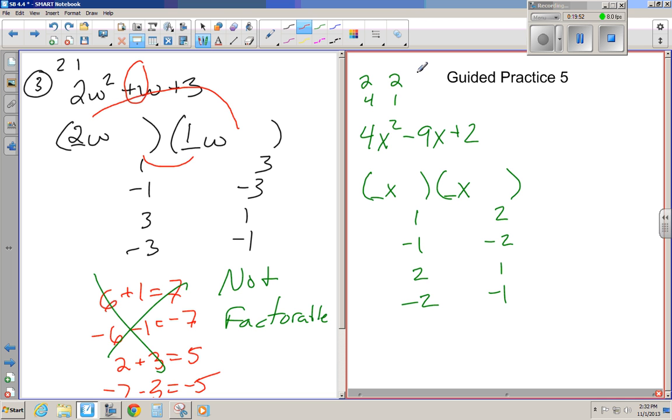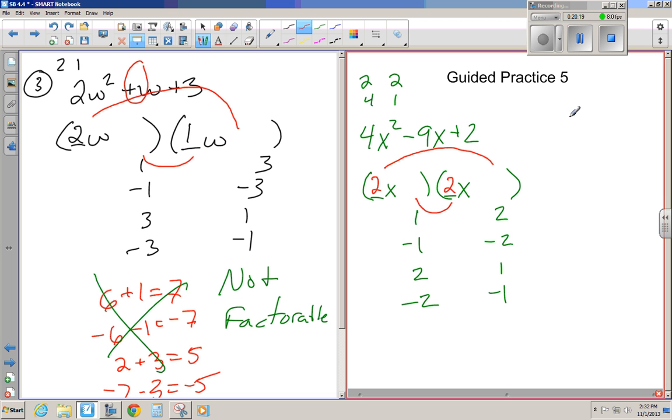So let's go ahead and guess one of our numbers. It doesn't matter which, but I'm going to guess 2, 2, and see if it works out. If it doesn't, I start over. The outside times the inside.